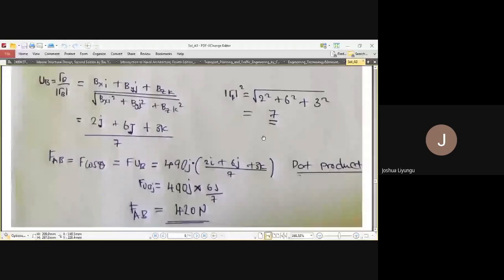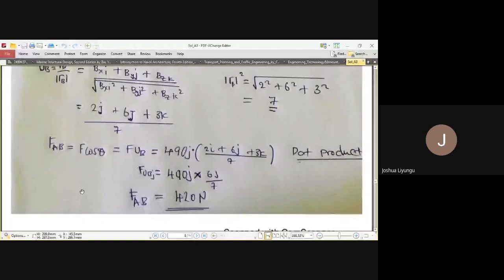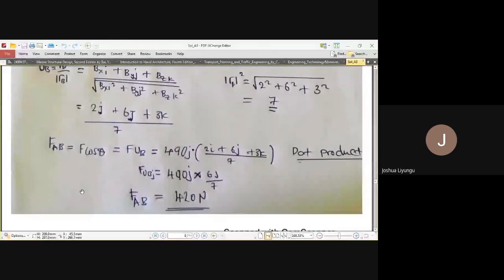A dot product, all of us know that a force FAB is the same as the vector times cos theta. Theta is the angle between those two forces that we are talking about. Which is also the same as the force dot the unit vector.